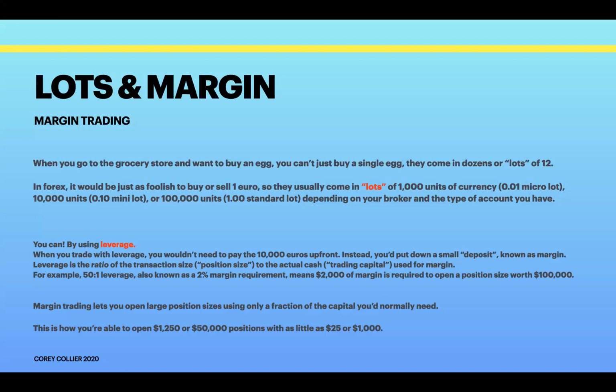Margin trading lets you open large position sizes using only a fraction of the capital you normally need. So this is how you're able to open $1,250 or $50,000 positions with as little as $25 or $1,000. It's because of the leverage. That's one of the reasons why I use KOTFX and Oanda. KOTFX offers the leverage that I like and want to use versus Oanda.